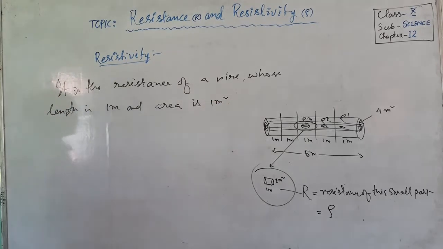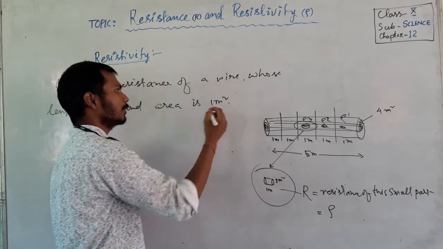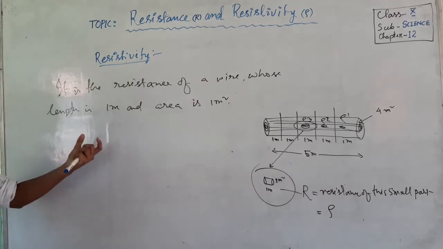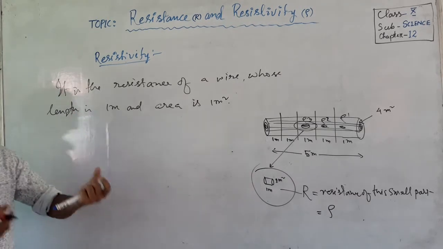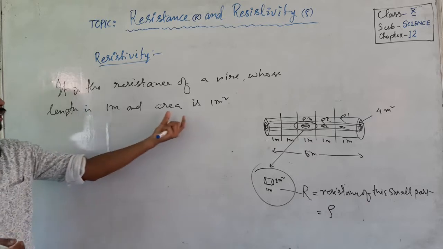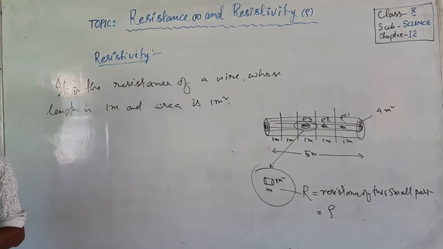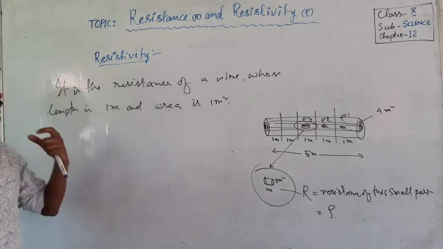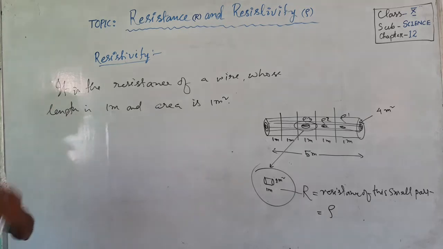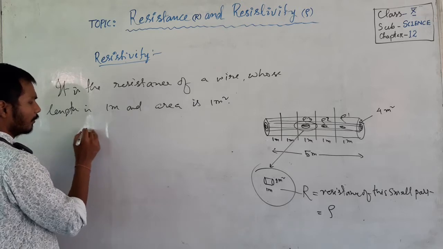Okay, this is SI unit. Sometimes we can also define resistivity as the resistance of a wire whose length is 1 centimeter and area is 1 centimeter square. Okay, so this is the definition and the concept of resistivity. So what is the unit of resistivity?